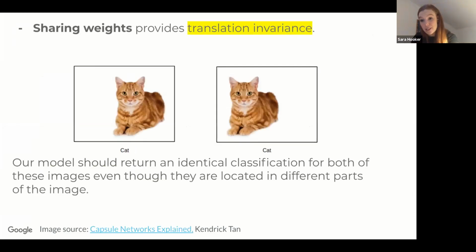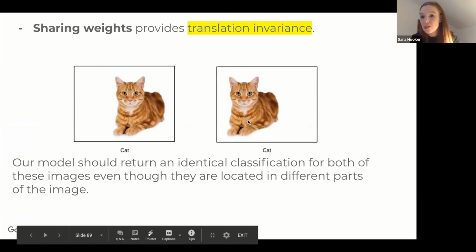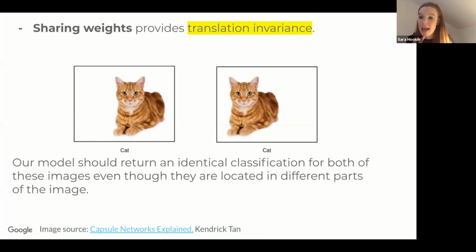And the other property that we like about the design of convolutional neural networks is that sharing weights provides translation invariance. So, for example, if a cat is positioned over here and a cat in a different image is positioned over here, we still want the model to be able to classify cat.